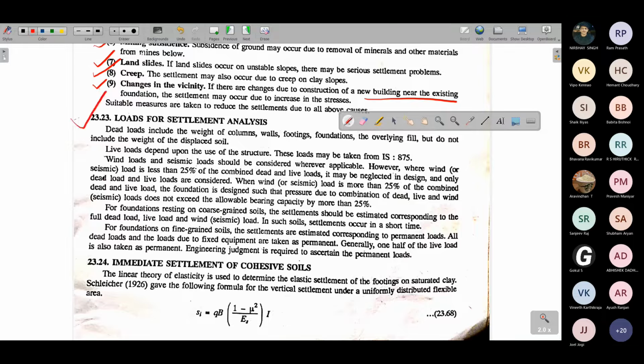The load includes the weight of the column, wall weight, footing weight or foundation, or overlying fill, but does not include the weight of the displaced soil. These are the dead loads.